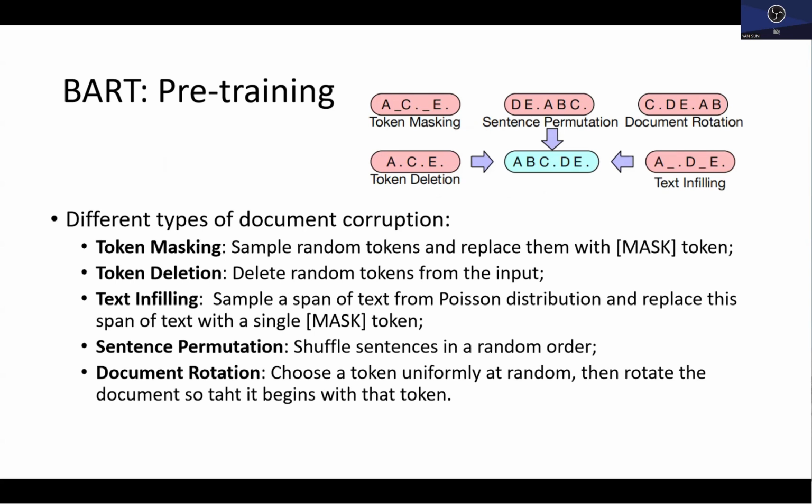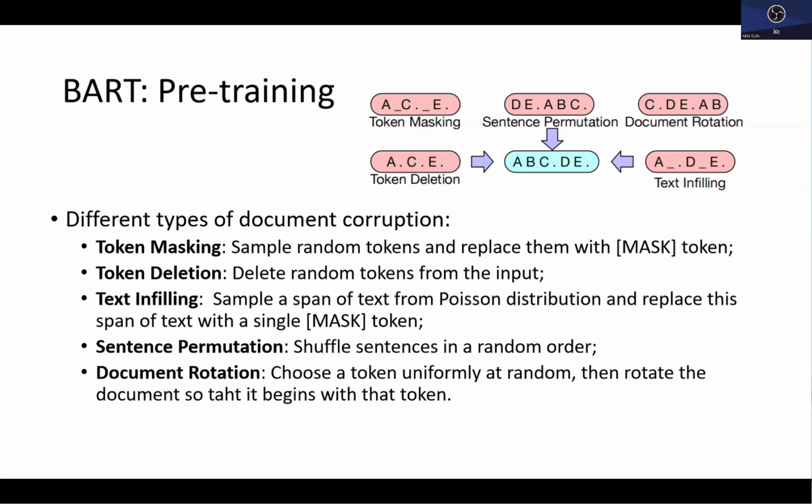I think the most amazing thing BART did is it used corrupted documents during pre-training. There are actually 5 ways to corrupt your document. The first is token masking, where we sample random tokens and replace them with a mask. This is similar to what BERT did. The second is token deletion, where we delete random tokens from the input.